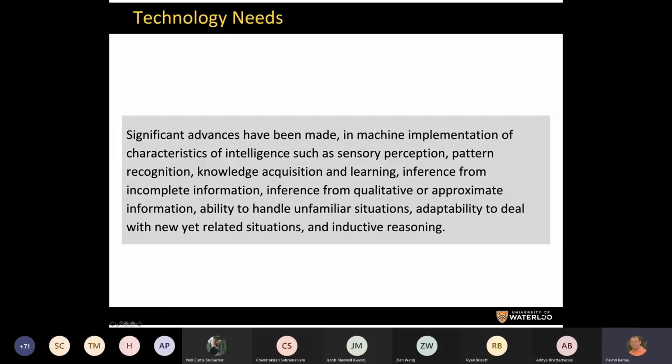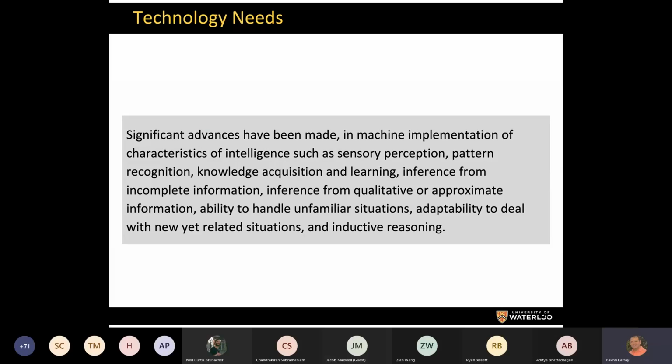Here I would like to conclude by saying that significant advances have been made in machine implementation of characteristics of intelligence, such as sensory perception, pattern recognition, knowledge acquisition, learning, approximate reasoning, and there are many more advances to be made in the next several years.